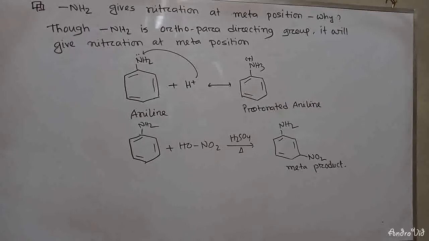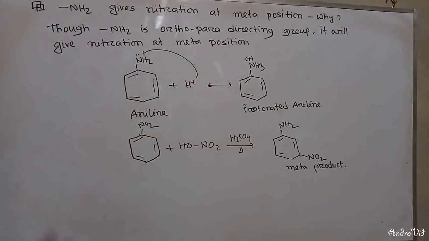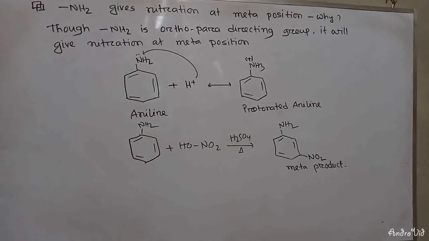On the other hand, as the nitrogen atom becomes positive in charge, there is a chance to create positive charge in the ortho, para positions rather than negative charge. So in that case, it will show product in the meta position.